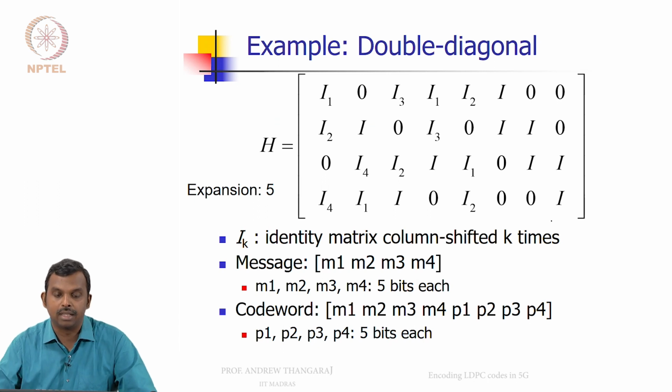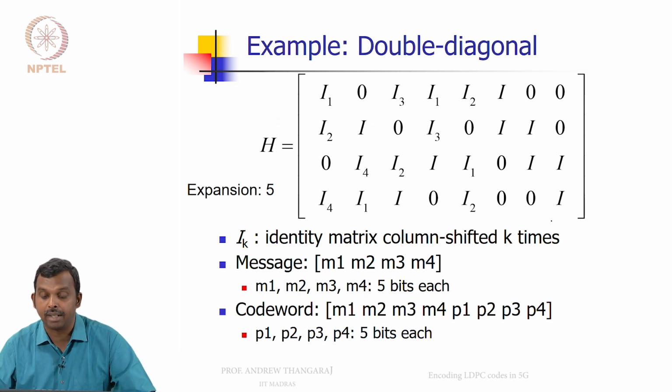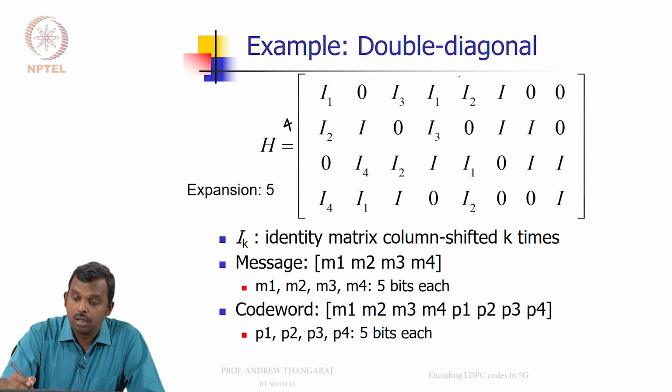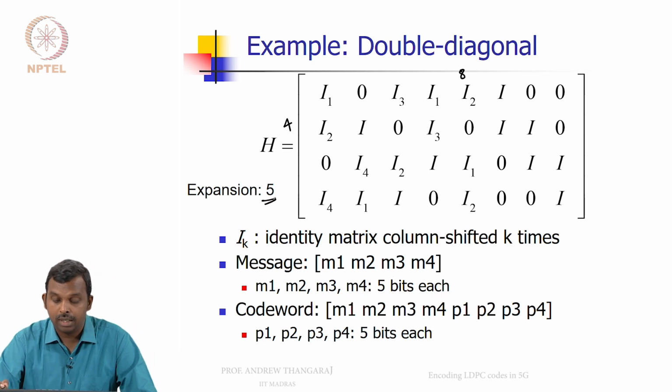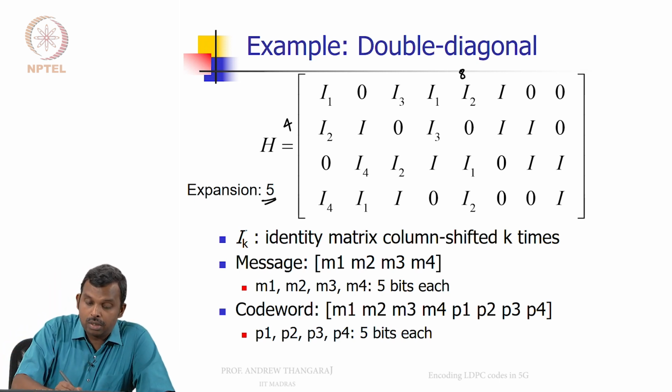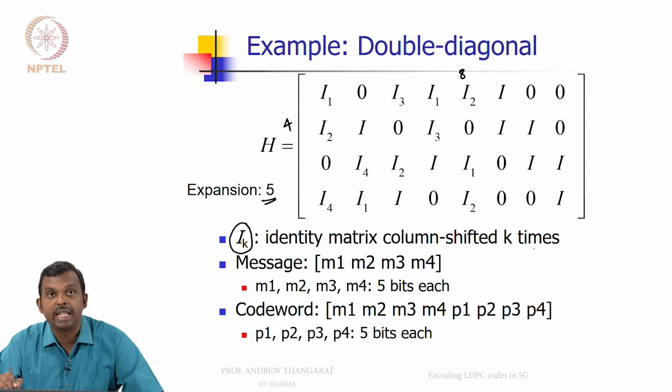Okay. So here's my example to illustrate the double diagonal structure. You see this is a 4 by 8 block base matrix, and the expansion is 5. I'm using a slightly different, compact notation to capture this. I'm going to use I_k to indicate the identity matrix column shifted k times.